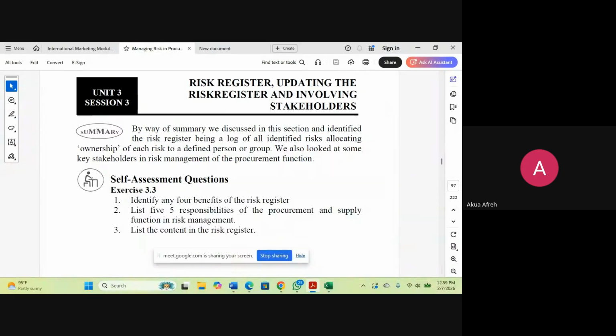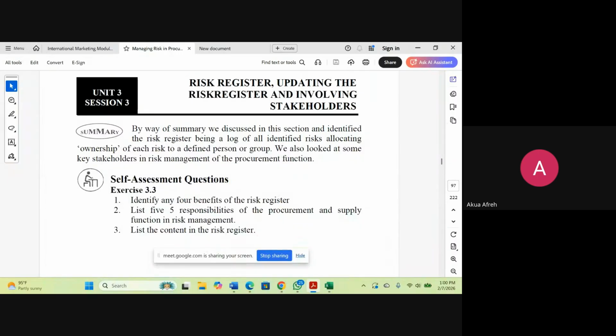If we involve them in managing our risk, it really helps, because a supplier can warn you of an upcoming raw material shortage, because that is their field. They know what goes on there. So they can tell us beforehand that there's going to be a shortage of this raw material, so you should prepare.